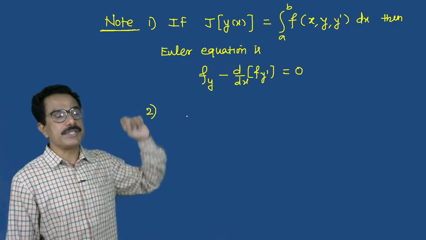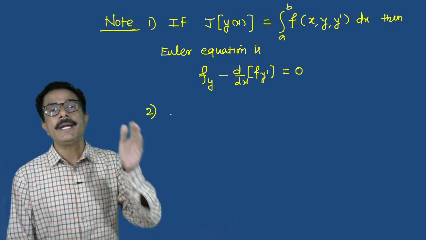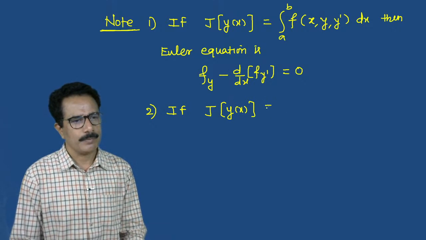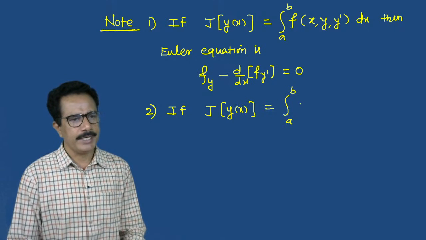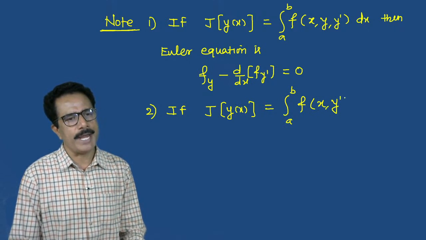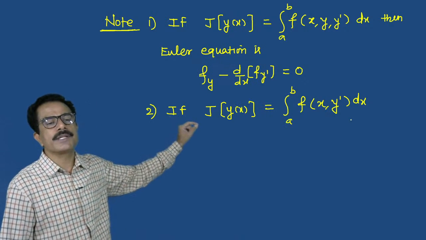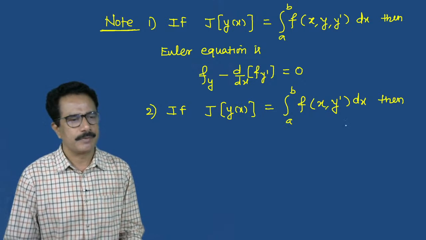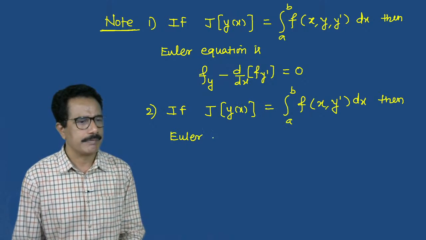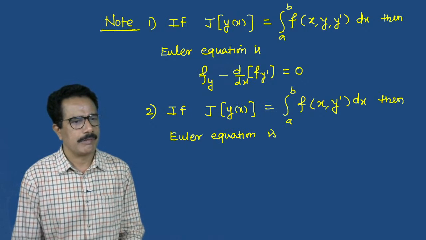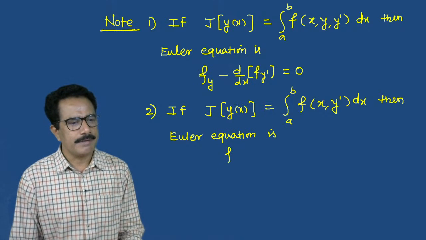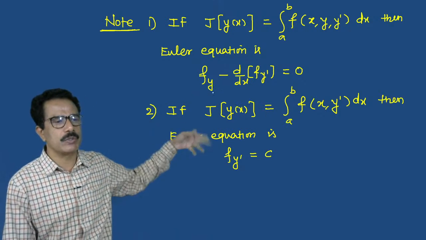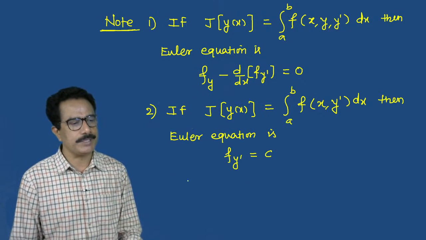Now Euler special condition 1 means the functional is independent of y if j of y of x which is equals to integral from a to b f of x comma y dash dx means this function is independent of y. सांगा बरं याचा Euler equation काय येतं, then Euler equation is काय असतं सांगा, then fy dash which is equals to c. fy 0 असतो, fy 0 असतो म्हणजेच fy dash which is equals to c.